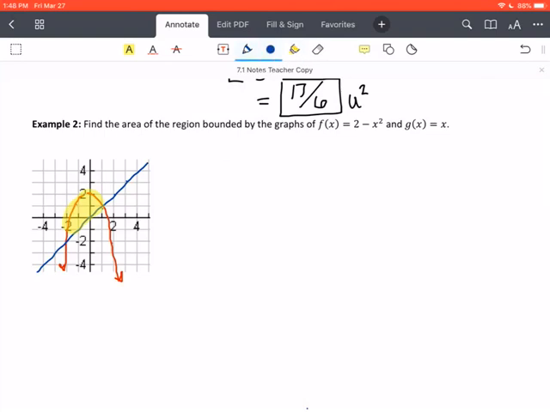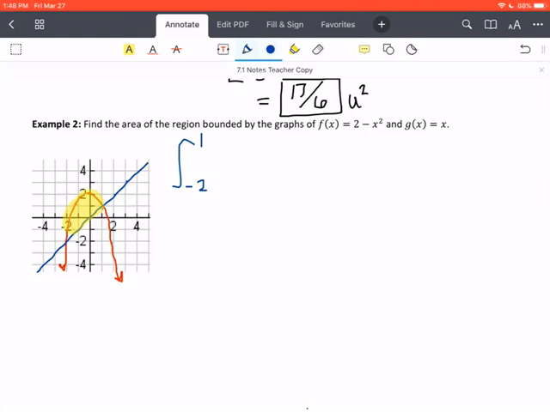So let's go ahead and set up our integral. We have the integral. Now we have to look at where do these functions intersect. And when we have a nice clean graph, we can just look and we use the x values. So at x equals -2 to x equals 1 is where this region is defined by.